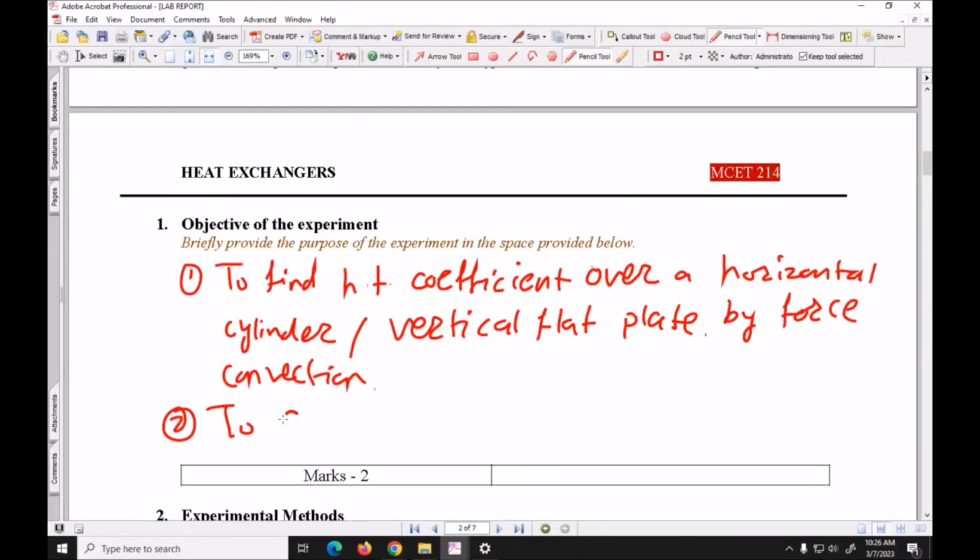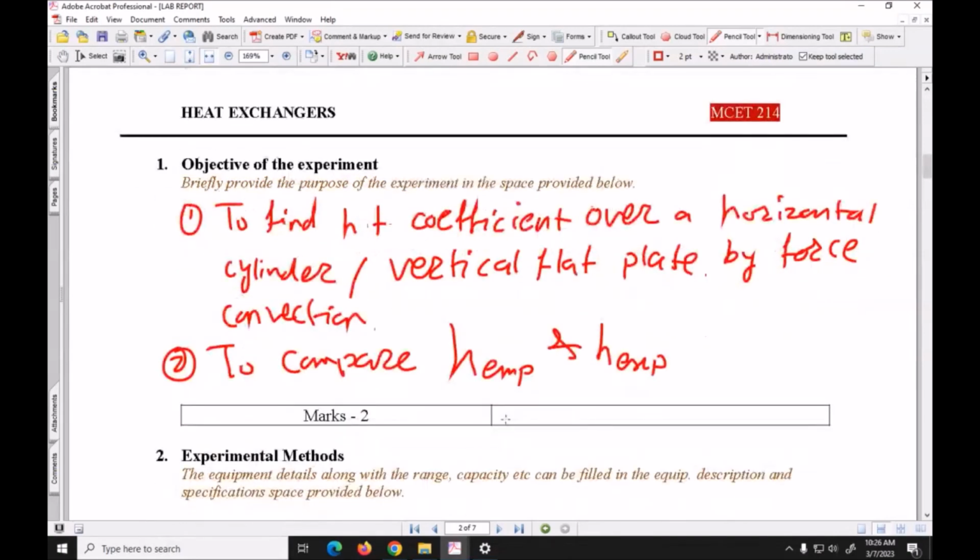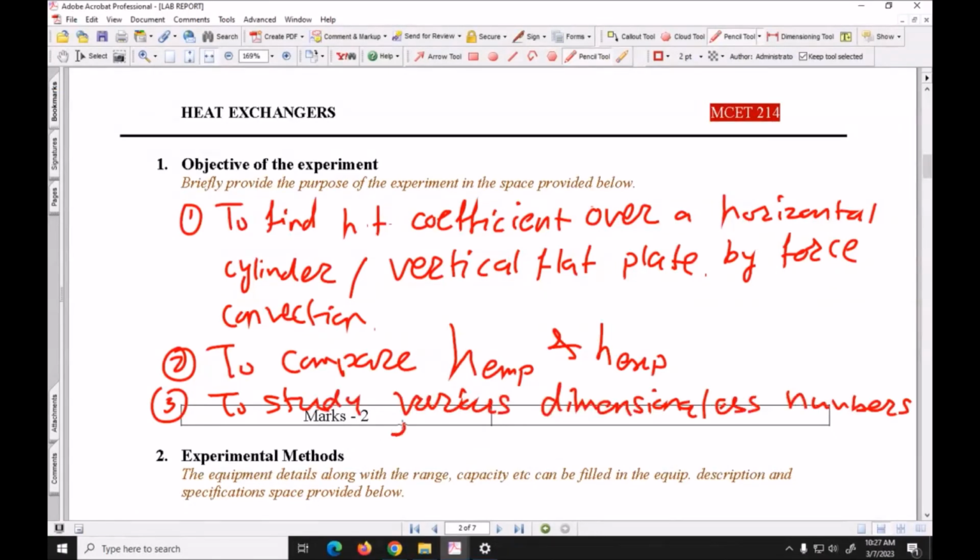Number 2, to compare h empirical and h experimental. Experimental is by Newton's law of cooling, and h empirical is by using correlations and dimensionless heat transfer numbers. So we can add one more: to study various dimensionless numbers for forced convection.